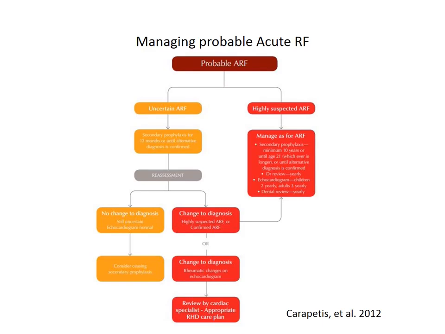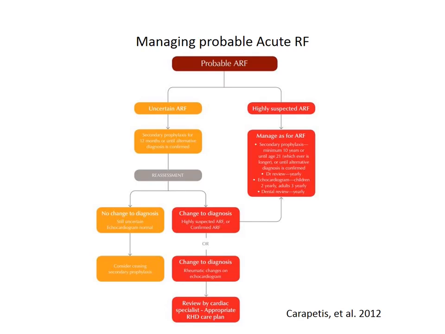As regards the uncertain acute rheumatic fever, secondary prophylaxis should go for 12 months or until an alternative diagnosis is confirmed. Then you reassess the patient. If there is no change in diagnosis, still uncertain, and the echocardiogram is normal, consider ceasing secondary prophylaxis.